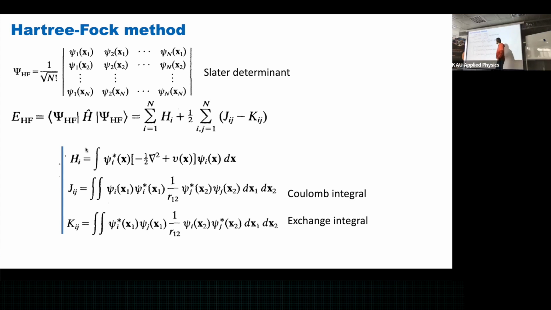What is the Coulomb integral? You see, it's just the Coulomb interaction between electrons. It has the function of some electron at point x1, complex conjugated, and the same for another electron. So it's the electron density for one electron, the electron density for another electron, and we see their interaction. That's why it's called the Coulomb integral.